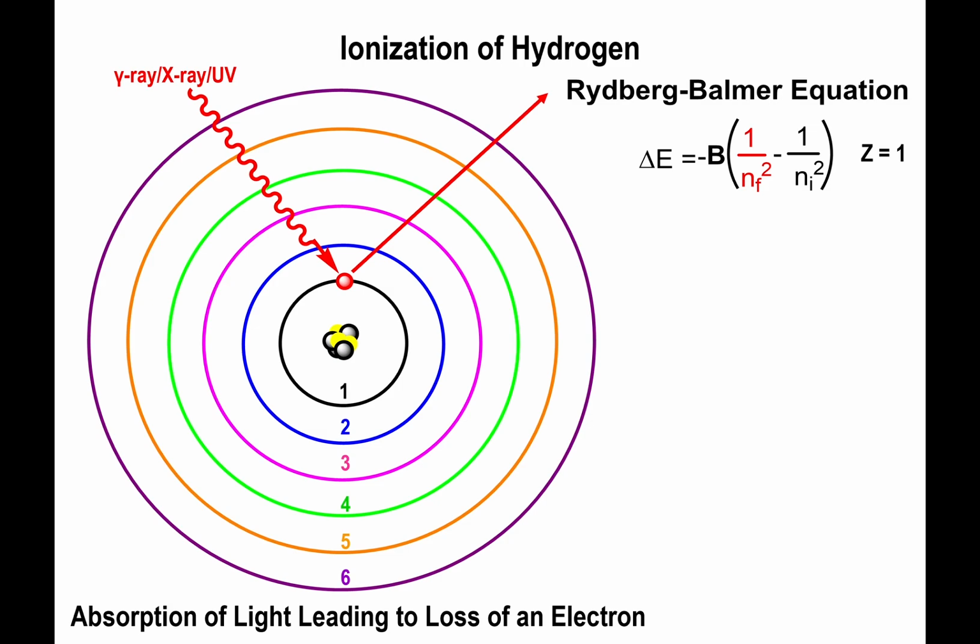Now, one additional factor that I want to mention before I actually show you the values altogether is something known as the ionization of the element. Now, this element that contains only one electron, you can determine how much energy it would take not to raise the electron to a higher energy value, but to remove it from the atom altogether. And you could still use the Balmer equation for this.